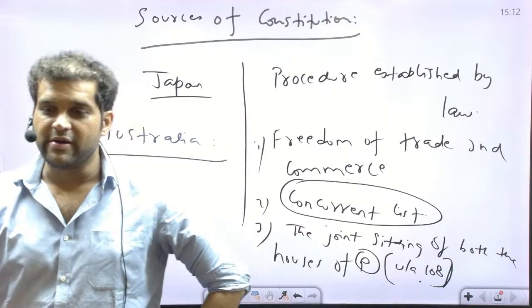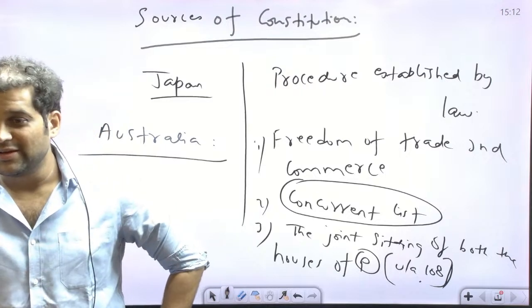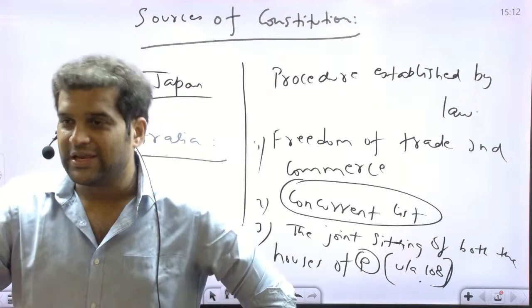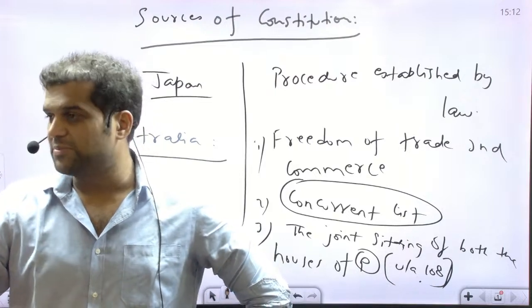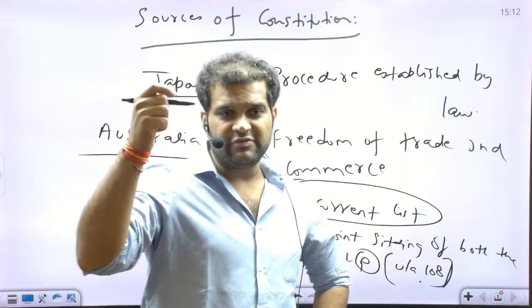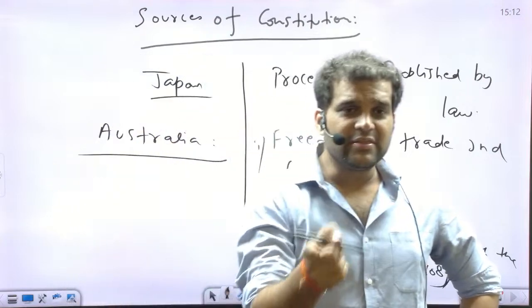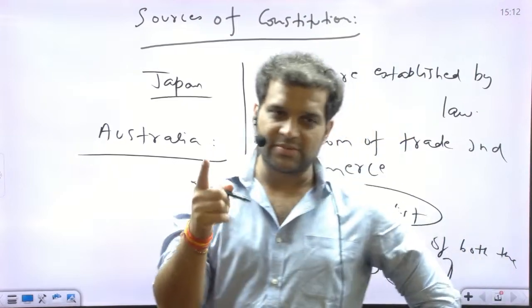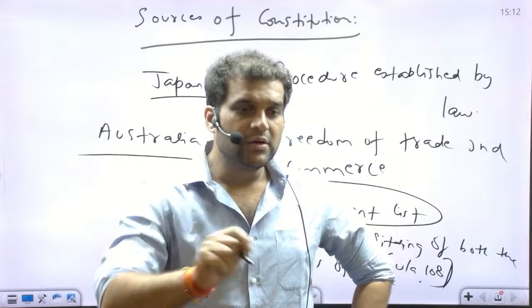It is the list in which those subjects have been mentioned over which both the central government, which is to say the parliament, and the state government, they both can make laws on the subjects written under concurrent list.